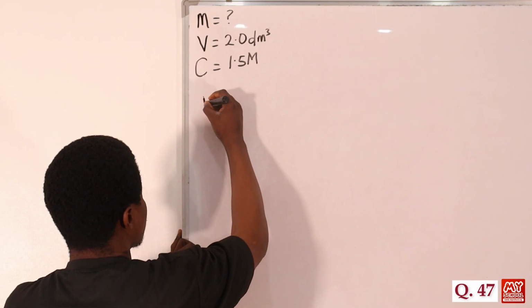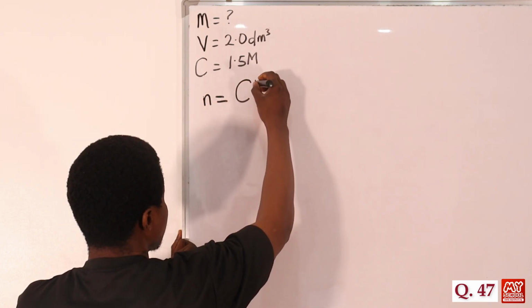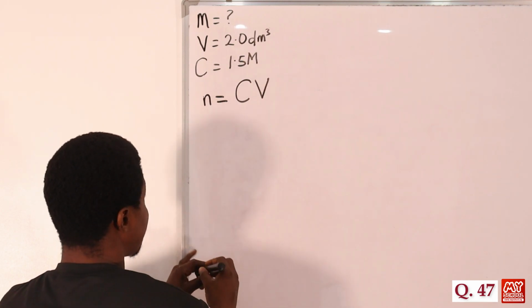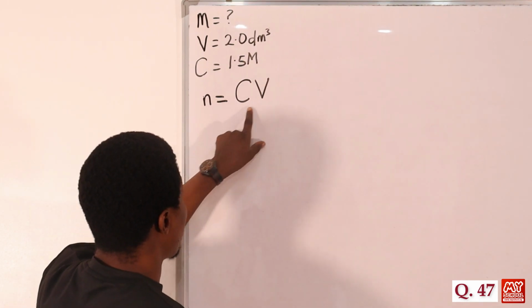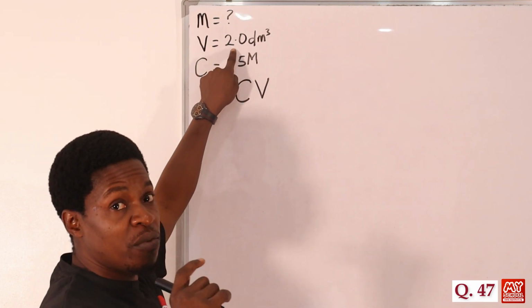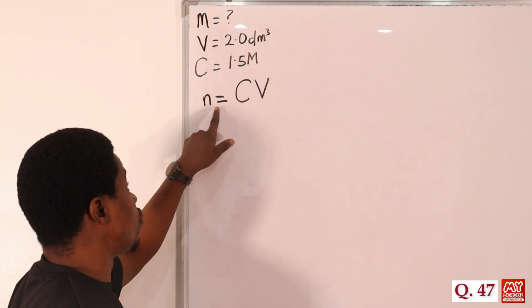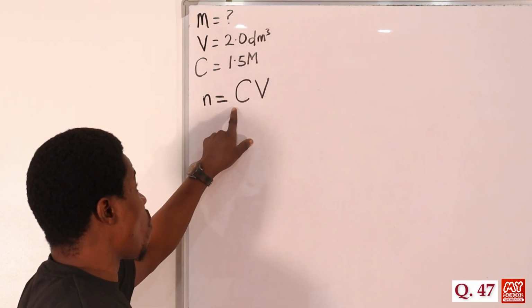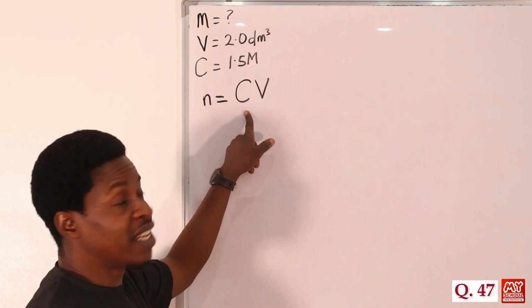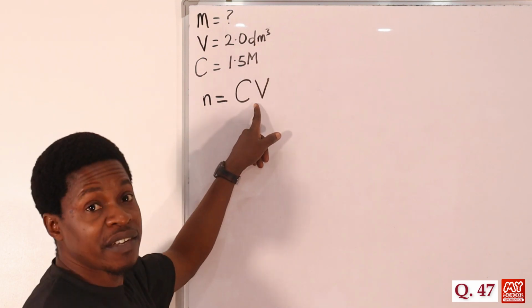So to start with, let's take this. Number of moles will be equal to concentration multiplied by volume. Remember, we would have divided this by 1000 if the volume were given in cm cube, if what we had was 2 cm cube. So the formula will be number of moles equals CV over 1000. But since the volume is already in dm cube, there's no point having divided by 1000.